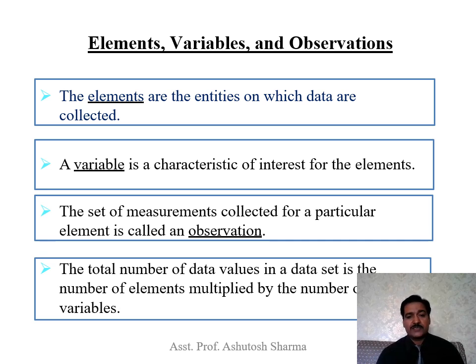The set of measurements collected for a particular element is called an observation. So the values which a respondent provides against the questions you have asked will be considered observations. And if you want to calculate the total number of observations, it is very simple: multiply the total number of elements with the number of variables and you will get the total number of observations.